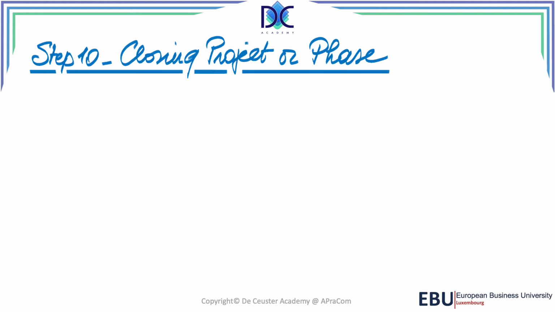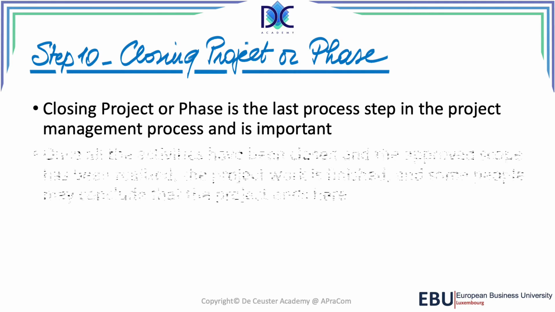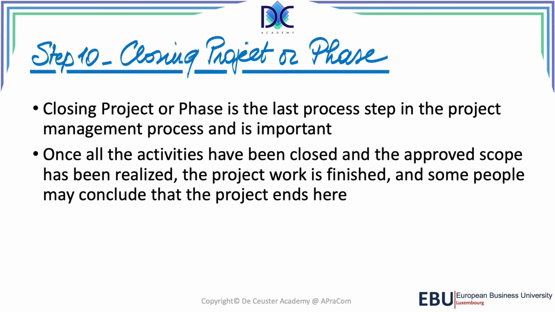We have the closing, project order plan, and here I will go a little bit more in detail, because we will not be talking about these elements in this course. So it's the last step. We have all the activities closed, the approved scope has been realized, the project work is finished, and sometimes people think that the project is already finished here.